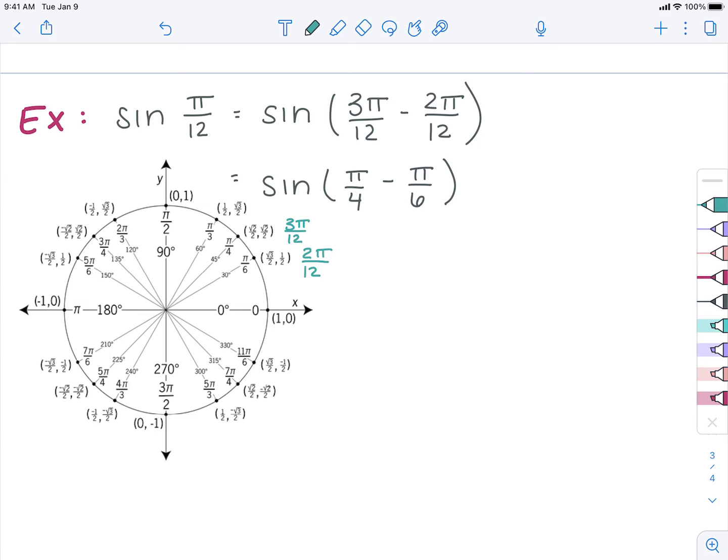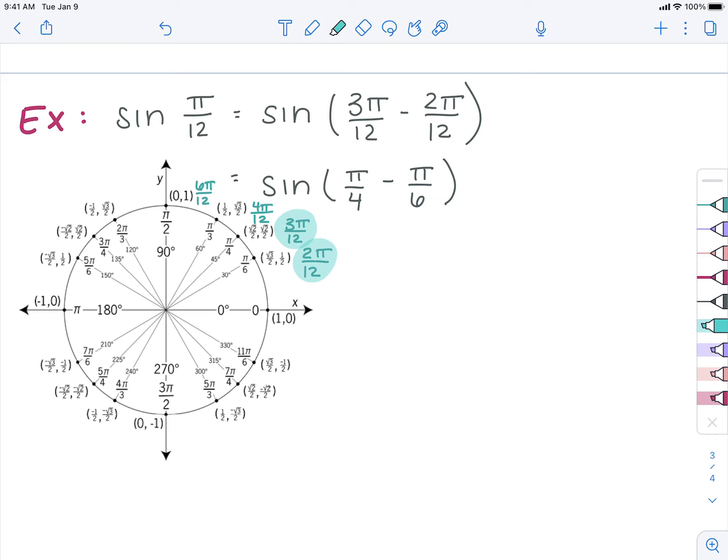And pi over 3 is really 4 pi over 12. Pi over 2 would be 6 pi over 12. I could convert my first quadrant and then see if I could add or subtract those in order to get pi over 12. So I see if I want pi over 12, I want to take 3 pi minus 2 pi, which gives me 1 pi.